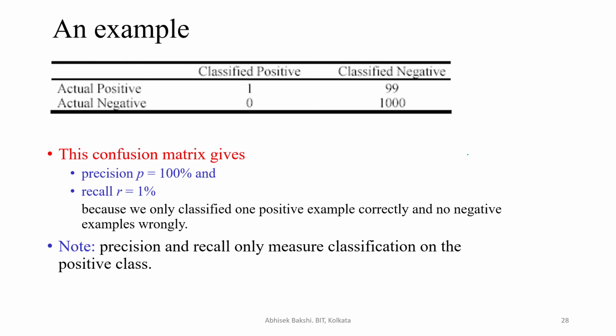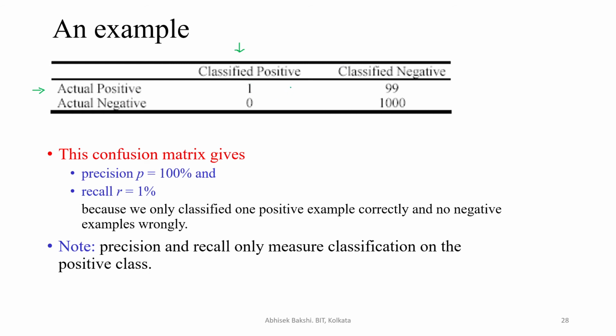So there is an example over here. You see what is given? It is given that actual positive and classified positive. That means actual positive, say orange, and correctly it is saying it is orange. Suppose the number of cases happened is 1.